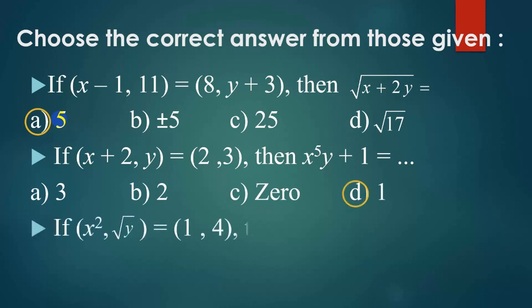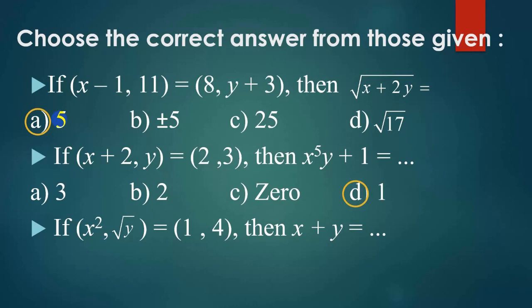Number 3: (x squared, root y) equals (1, 4), then x plus y equals? Again we need to know the value of x and the value of y. From the equality of the two ordered pairs, x squared equals 1, that means that x equals positive or negative 1.